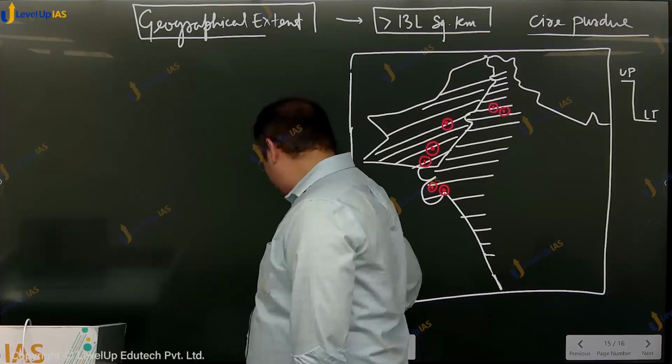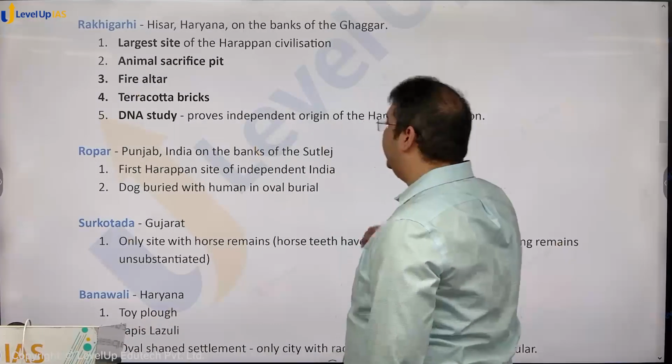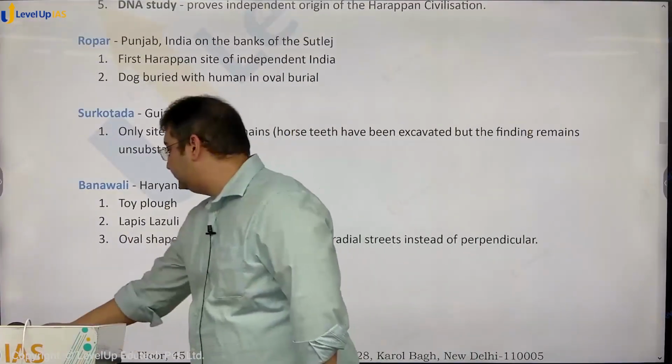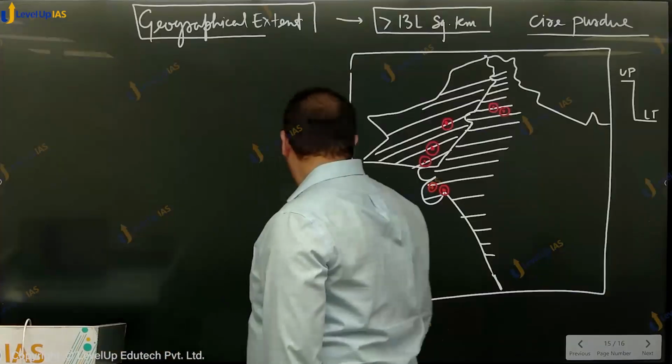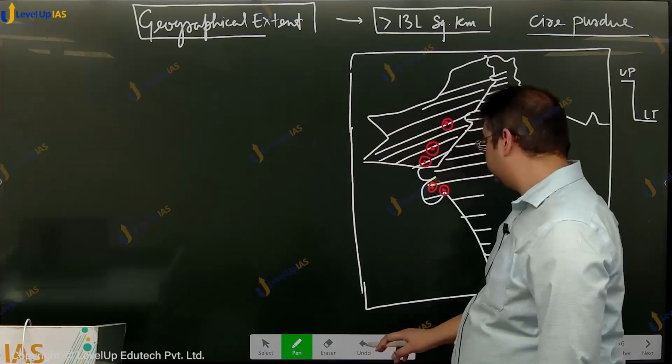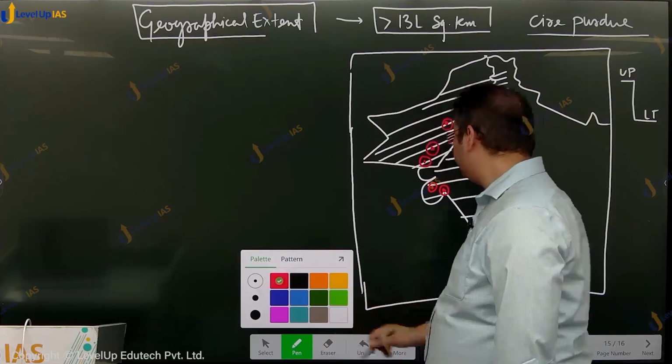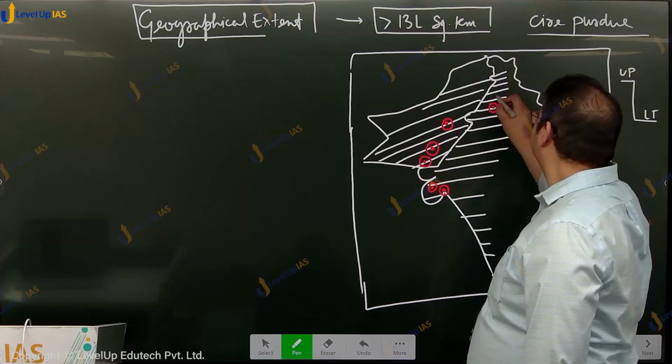Then the next site is रोपड़. कहाँ पे है ये?